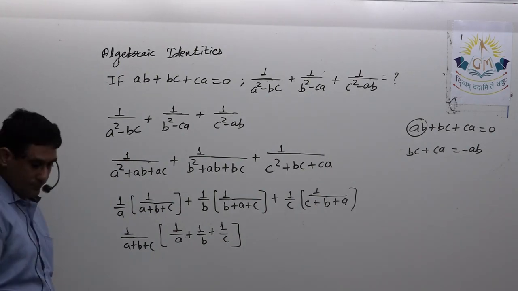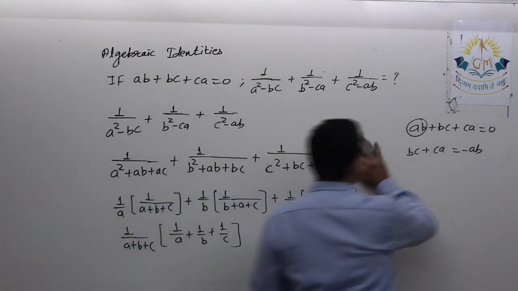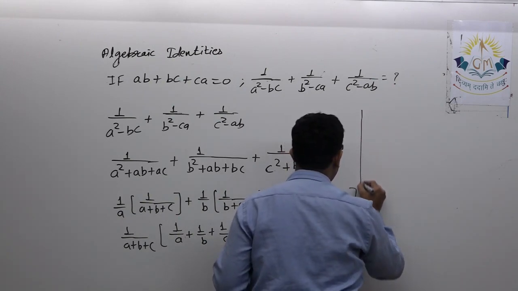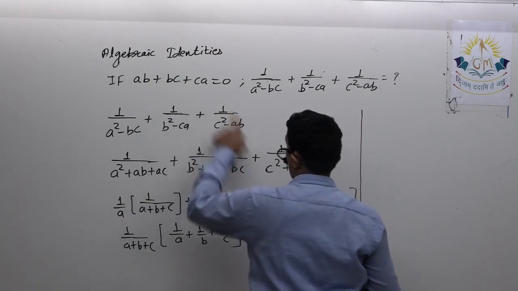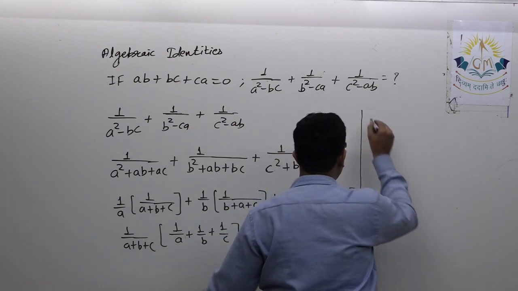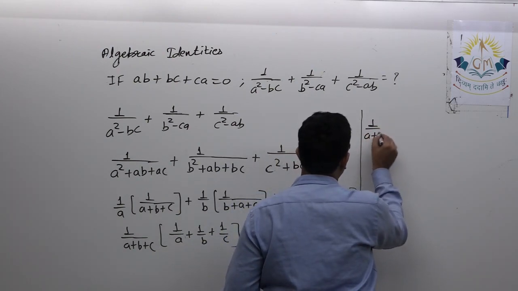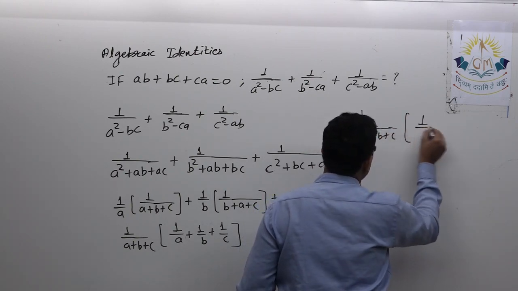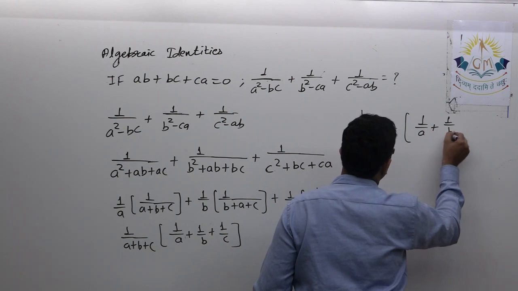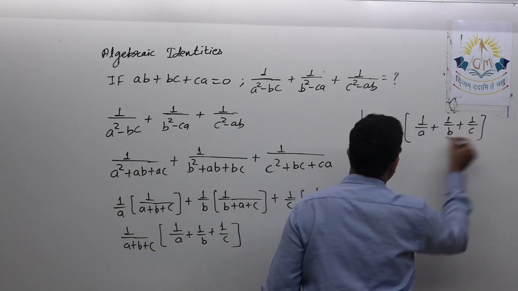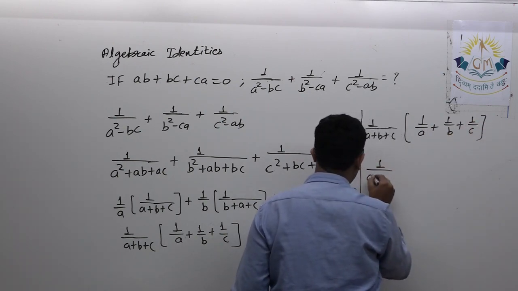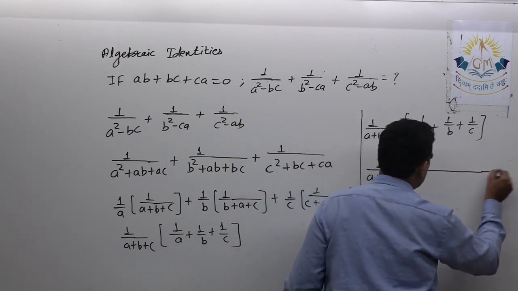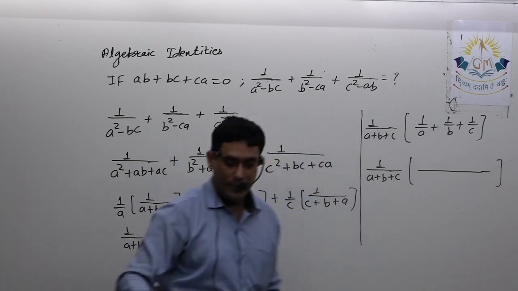Now see, there is a condition that AB plus BC plus CA is equal to 0. So here I am noting down this 1 upon A plus B plus C as it is, and also 1 upon A plus 1 upon B plus 1 upon C. See, this is almost done, but I am solving it completely for your better understanding.